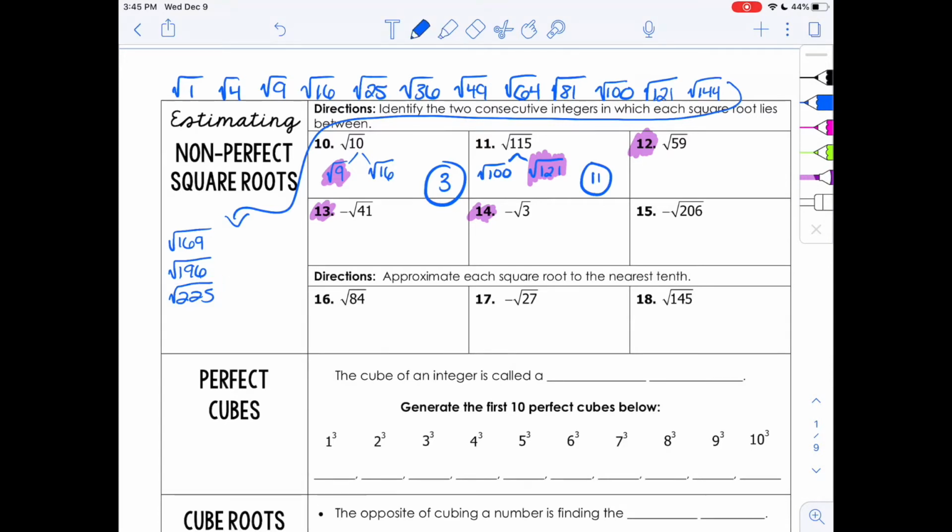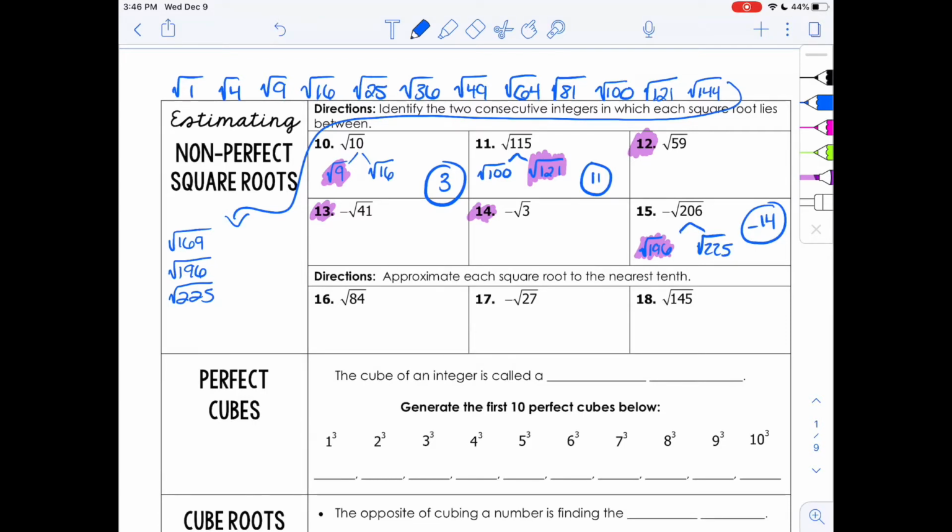So we can split that: the square root of 196 and the square root of 225. Then we want to think about, is 206 closer to 196 or closer to 225? It is closer to 196. And the square root of 196 is 14. But we don't want to forget that negative that was on the outside, so it would be negative 14.